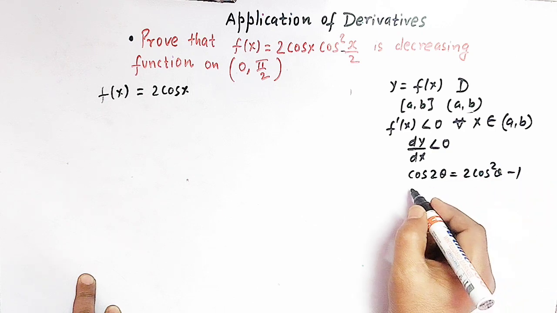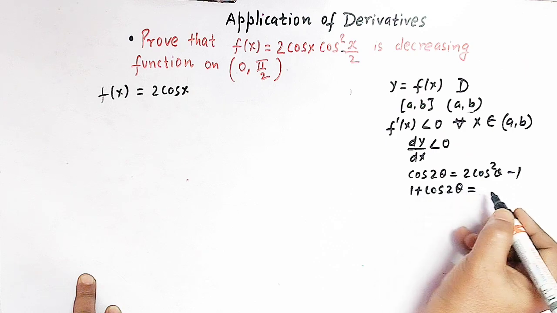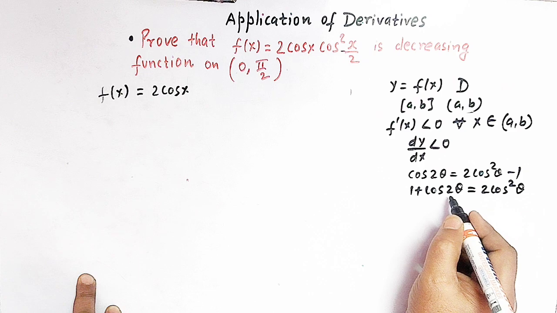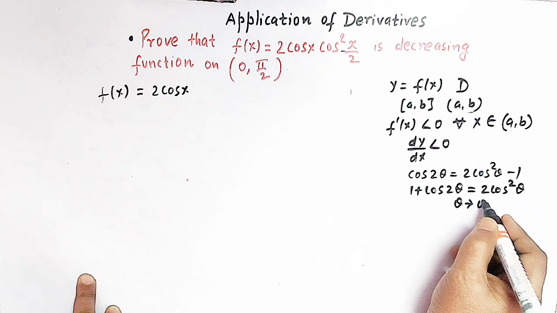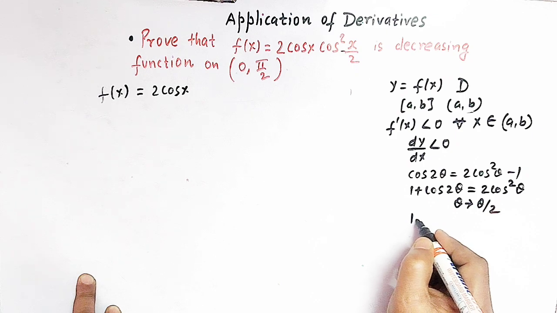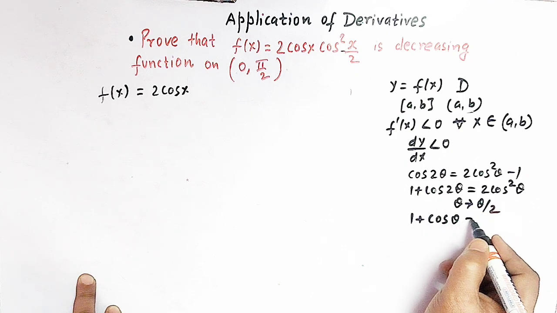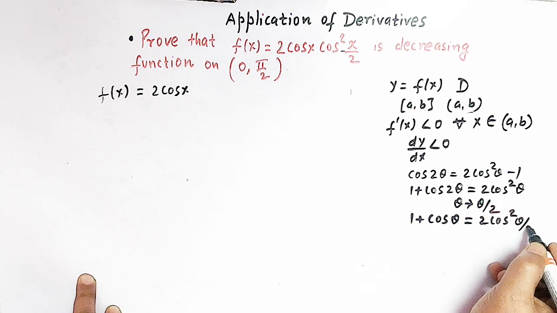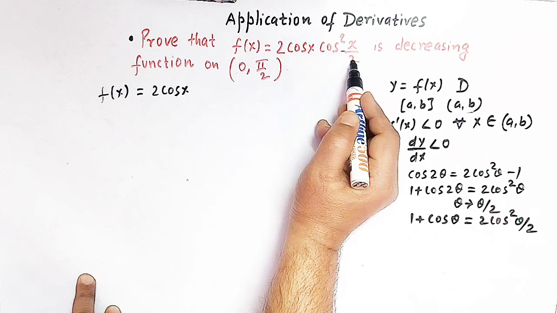So taking minus 1 to this side, we have 1 plus cos 2 theta is equal to 2 cos square theta. Now if we replace theta by theta over 2, then we have this expression 1 plus cos theta is equal to 2 times cos square theta over 2.